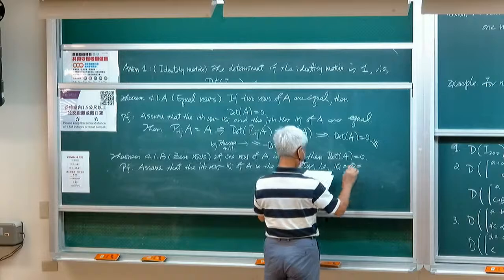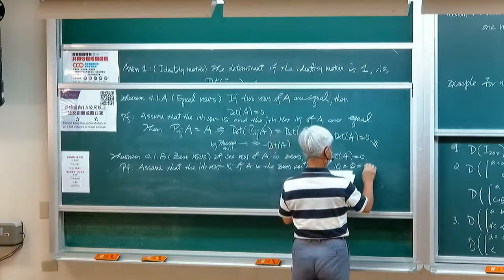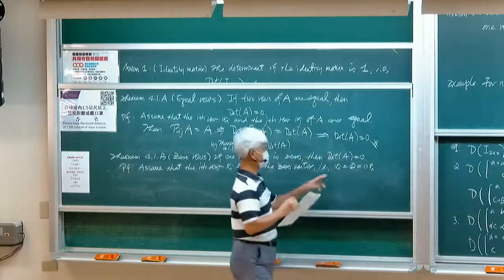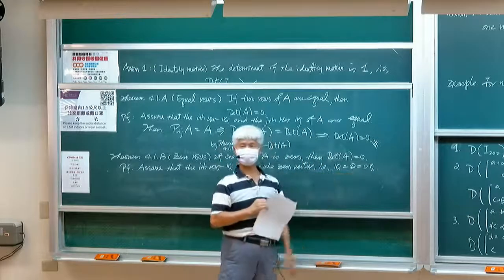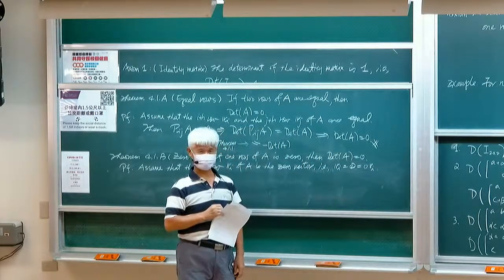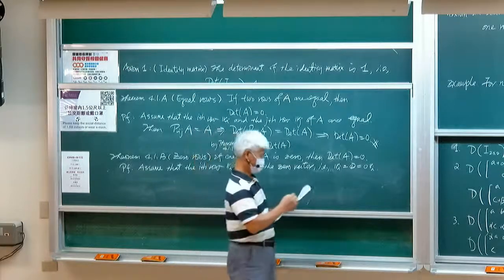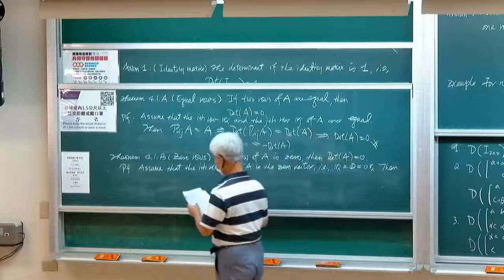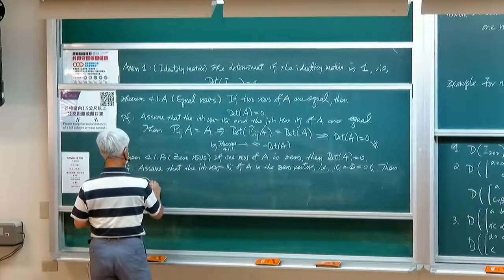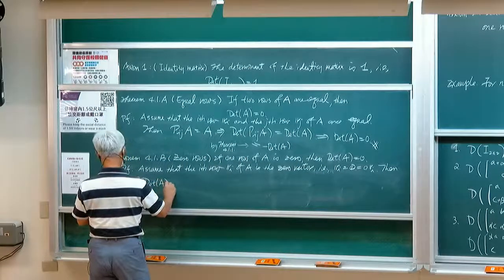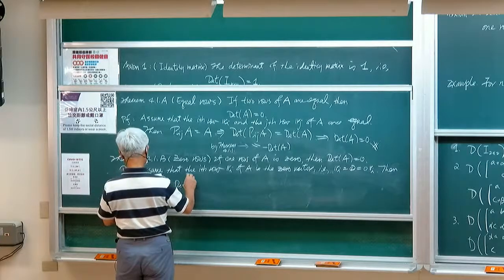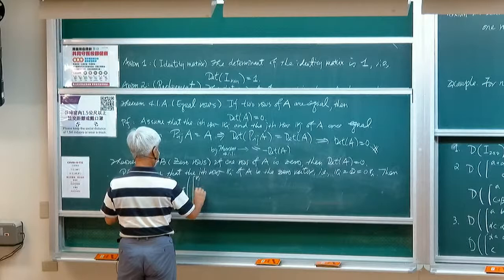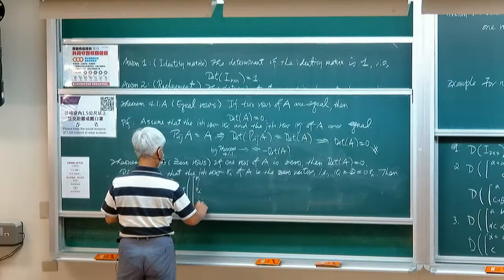And the 0 vector can be expressed as 0 times Ri, right? Okay. Then determinant A is determinant of R1, Ri, Rn.